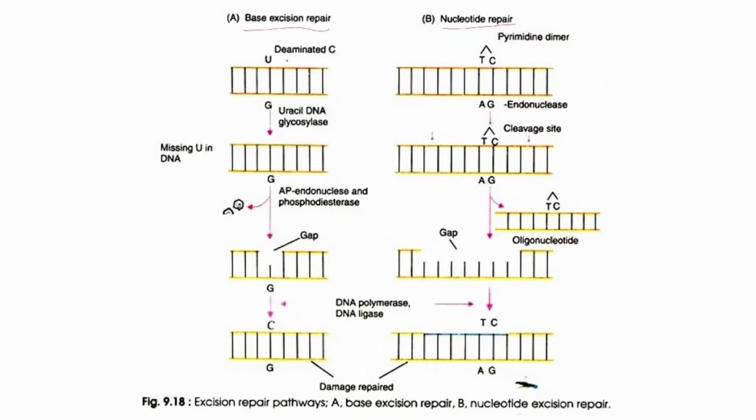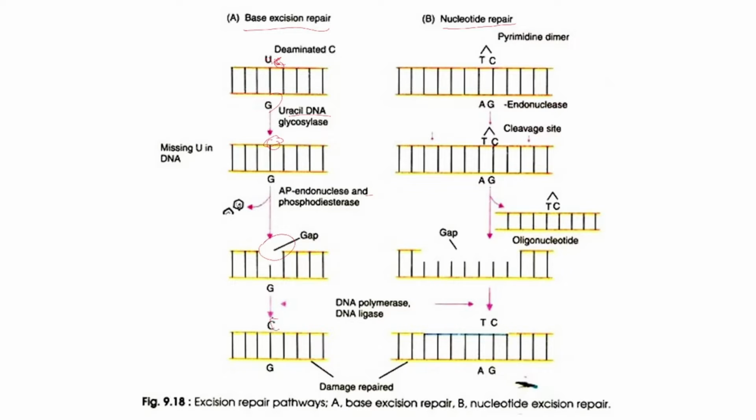So this is DNA. In the presence of C, it gets deaminated, and instead of C there is U, that is uracil. Now G cannot bind with uracil. Then uracil DNA glycosylase comes and removes U. AP endonuclease and phosphodiesterase remove that part, the uracil, and a gap is formed.